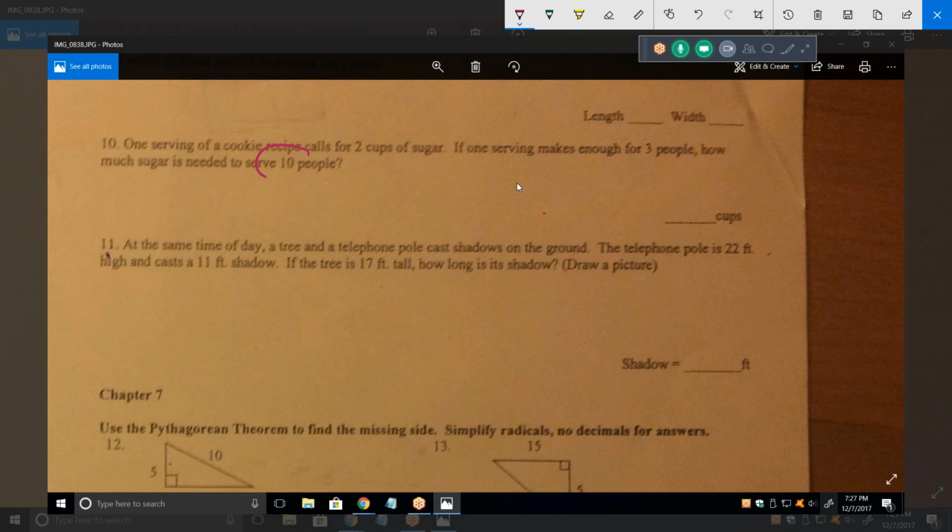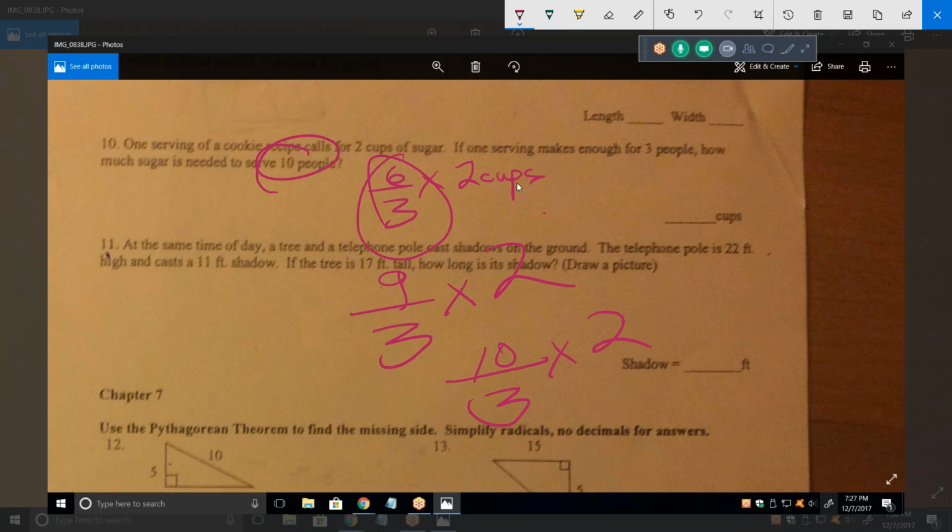Well, if it was 9 people, I would need exactly 3 times as much, right? So what I'm always doing is I'm taking the ratio and multiplying it by the number of cups used per person. So for 6 people, it would be that. For 9 people, it would be that. And for 10 people, it's this. In other words, it's that ratio times the number of cups for 3 people. 3 people require 2 cups.